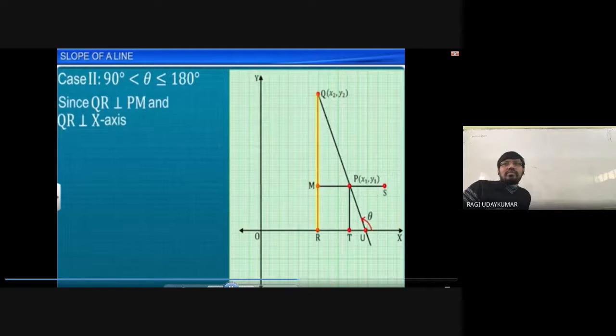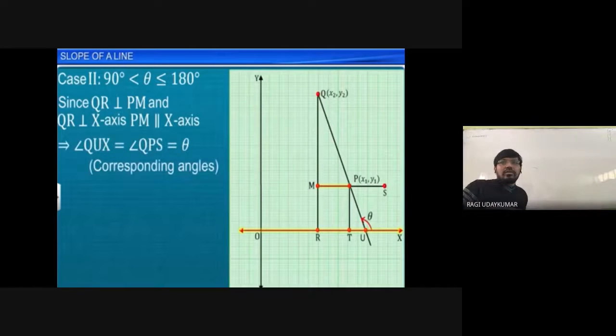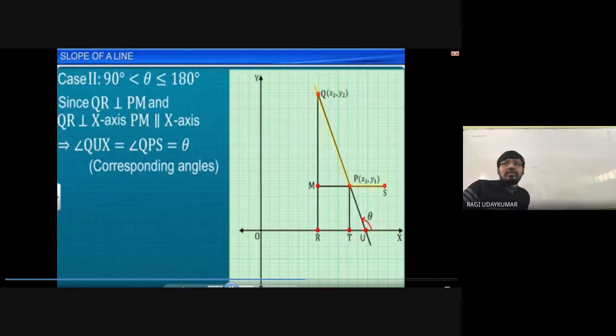Here QR is perpendicular to PM and QR is perpendicular to the x-axis. The corresponding angles: this angle is equal to QPS, so this angle will be equal to 180 minus theta.